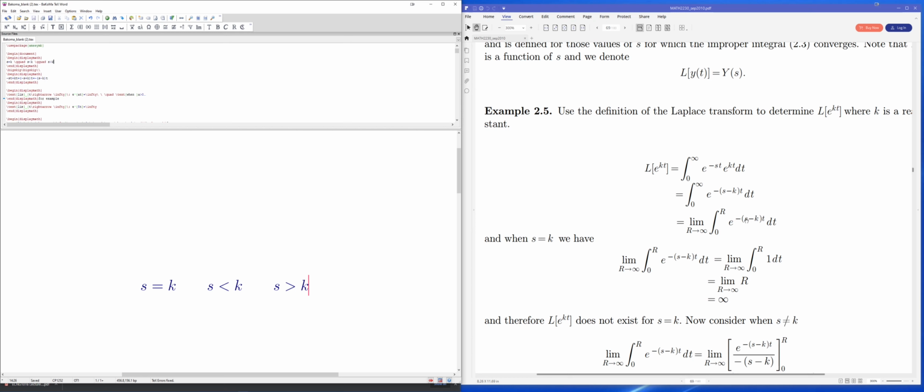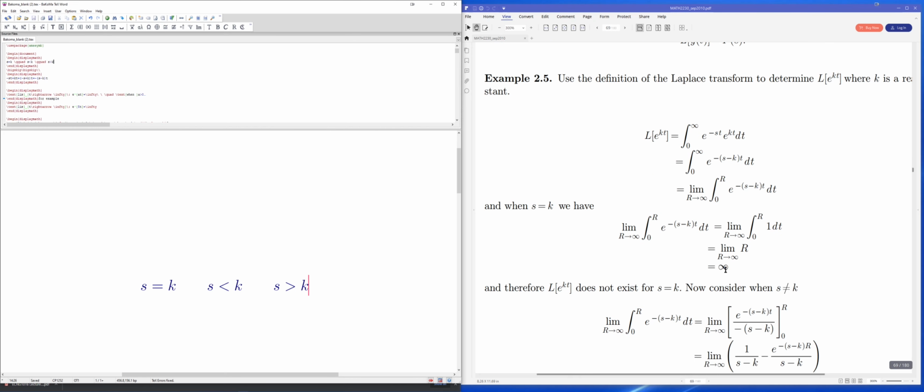The main point I want you to get out of this is that the convergence depends on the value of the small s. To start off, when the small s is equal to k, and remember k is just some constant, like 2 or 3, you in fact get infinity. So the improper integral diverges when s is equal to k.